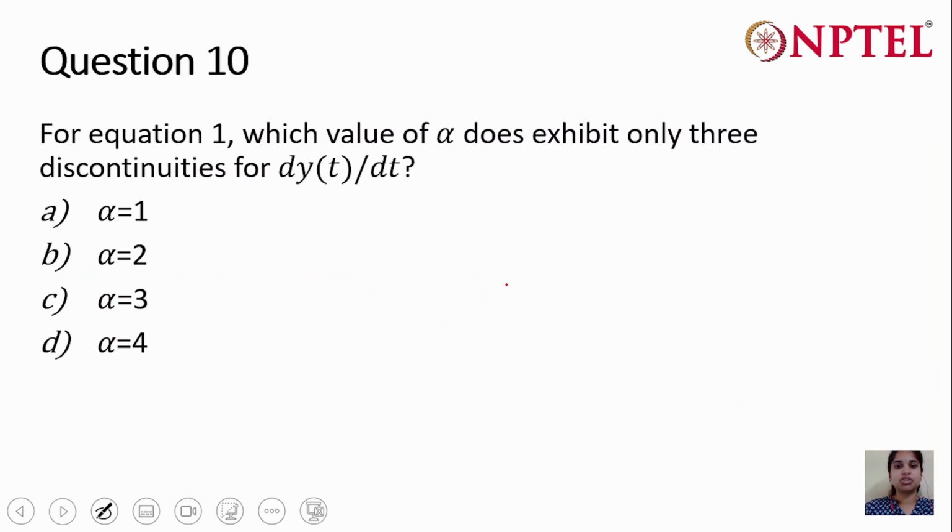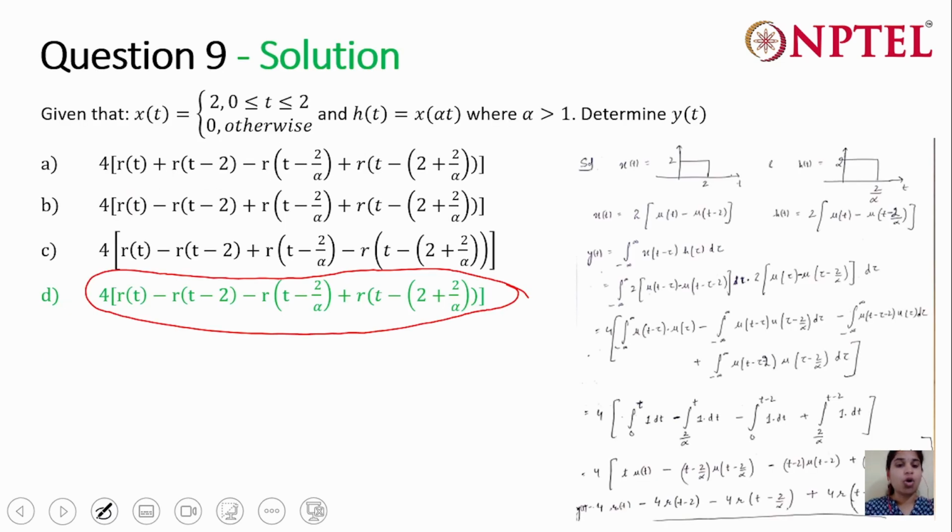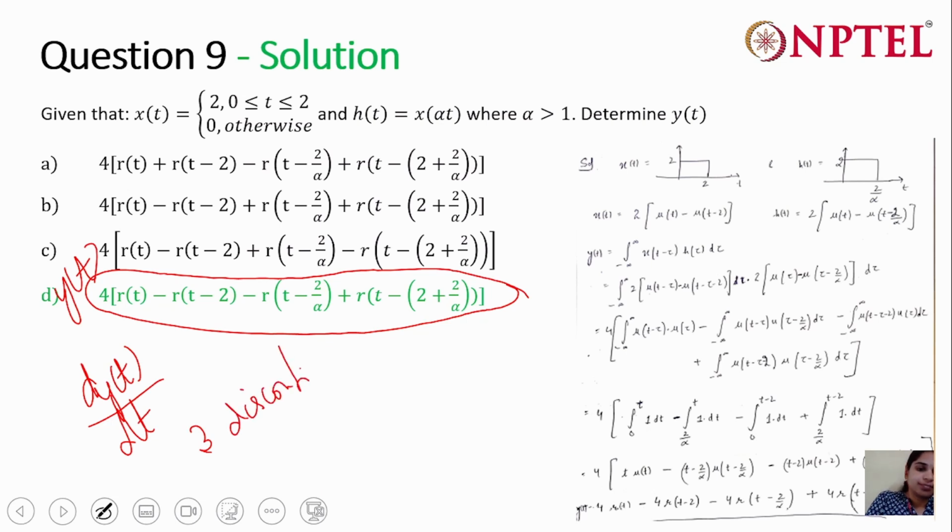I should have only 3 discontinuities. If I should have only 3 discontinuities, what will be my value of alpha?